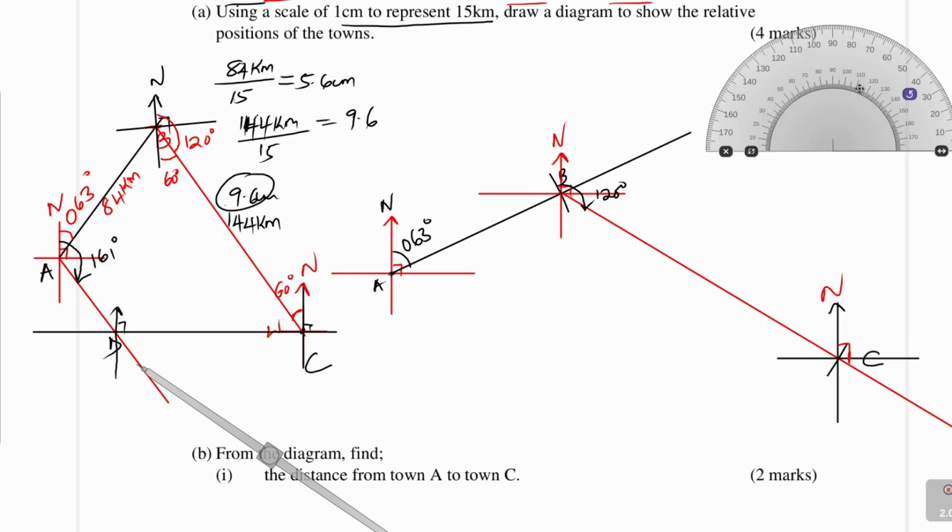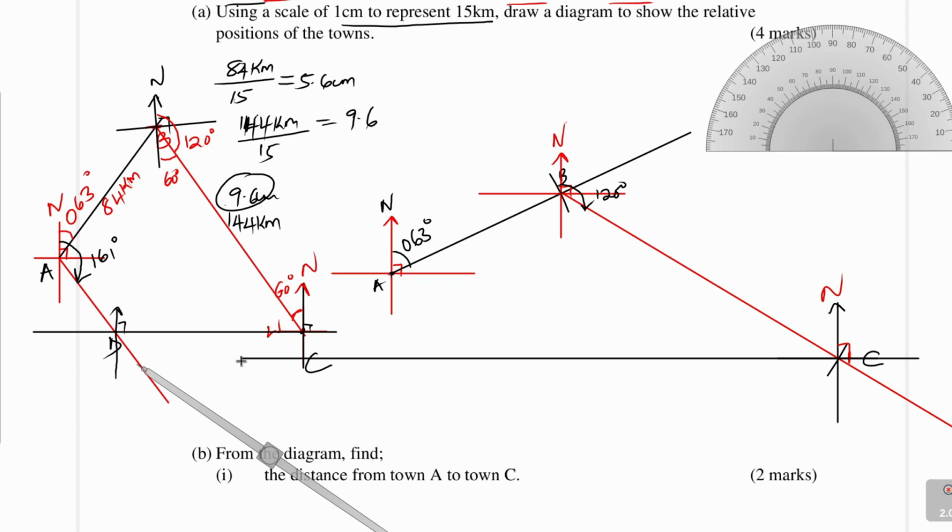From there, the next thing I will need to do is extend this line, since I want to get the position of D, and since D is directly due west of C, I will extend this line here straight using a ruler.